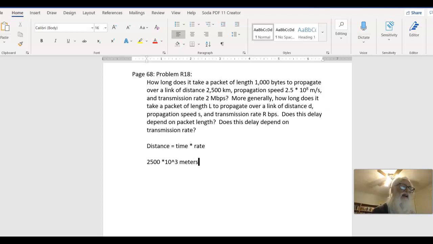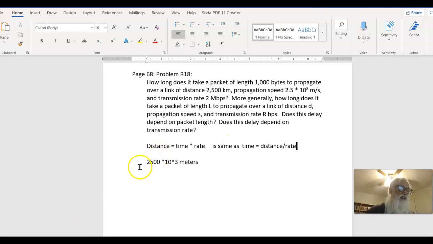And we're going to rearrange this here. It's the same as time equals distance divided by rate.